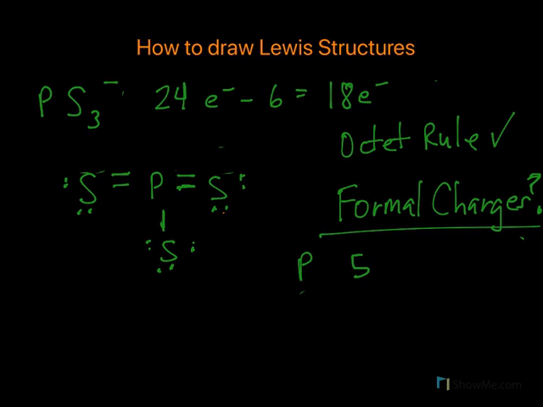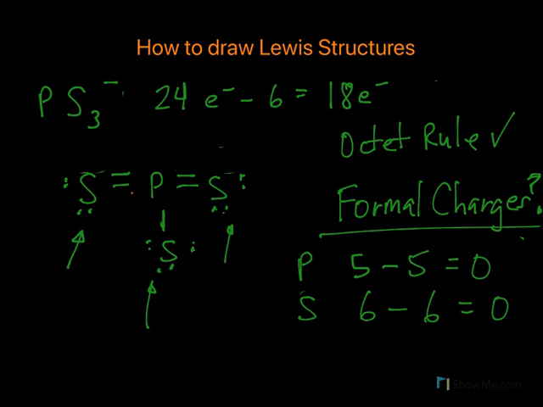So now what is the formal charge on phosphorus? 1, 2, 3, 4, 5. So 5 minus 5 is equal to 0. And we know now that each of these sulfurs here will have a 0 formal charge. This sulfur here, let's call that sulfur B, will have 6 minus 7, a negative 1 charge.